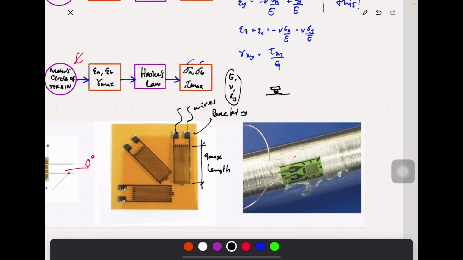This is the universal testing machine that usually we have in the mechanical lab. The machine can be illustrated like that. This is the force given by the machine. I call this the universal testing machine.